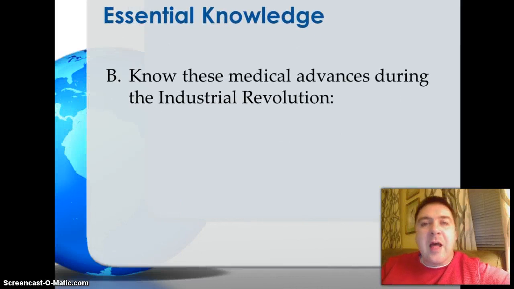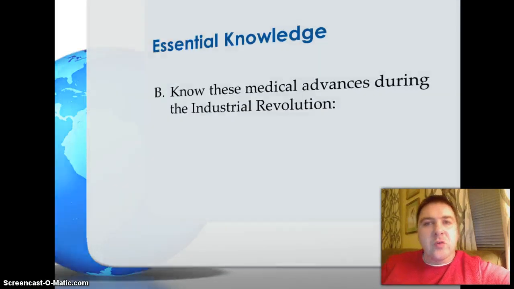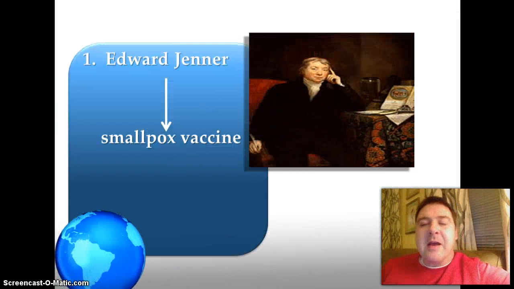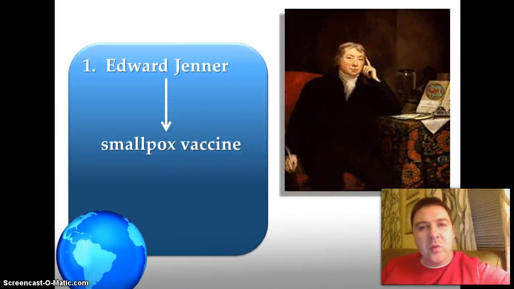Okay, so our essential knowledge for this portion of the standard is to know these medical advances during the Industrial Revolution. And again, there are many of them, but the two that the standards want us to know were the smallpox vaccine by Edward Jenner. Okay, so think back to Standard 4.